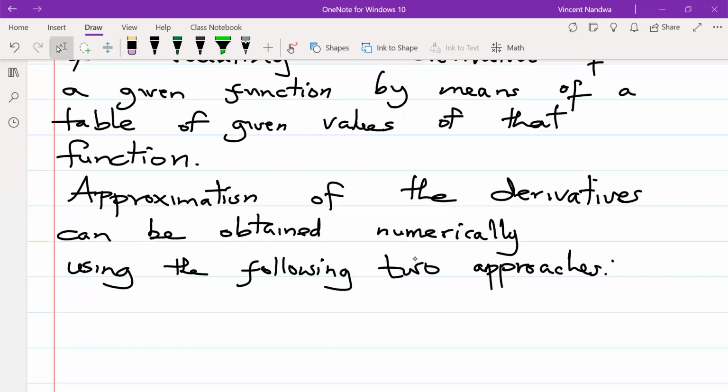One, methods based on finite differences for equally spaced values of x or values of the mesh points.